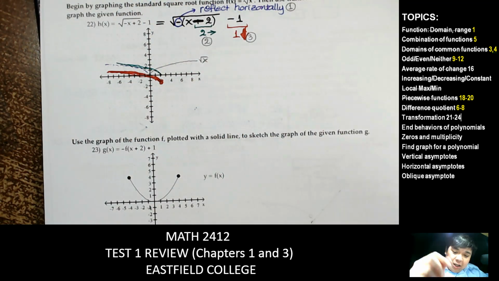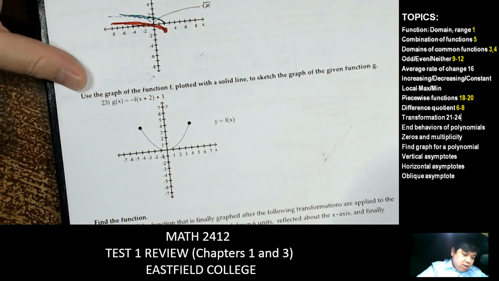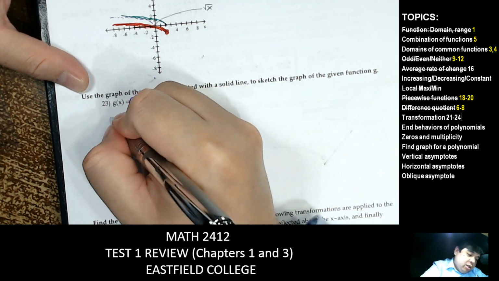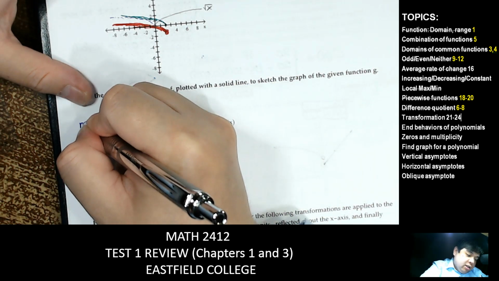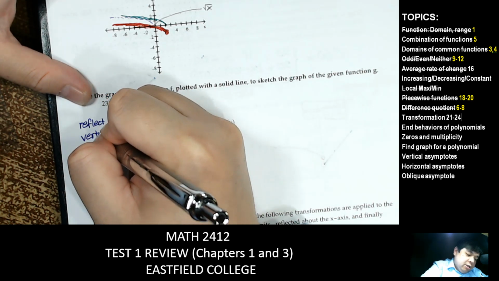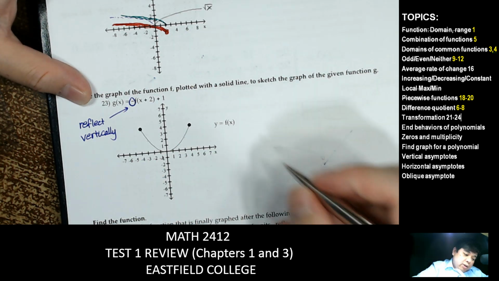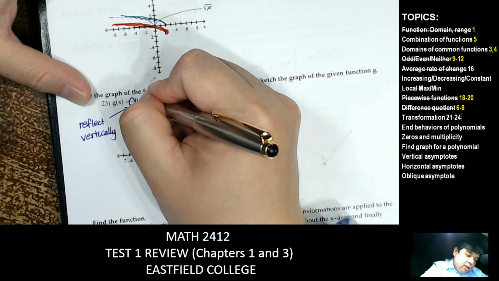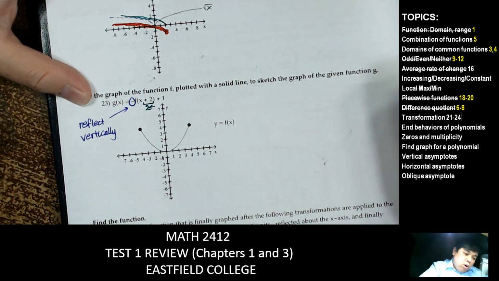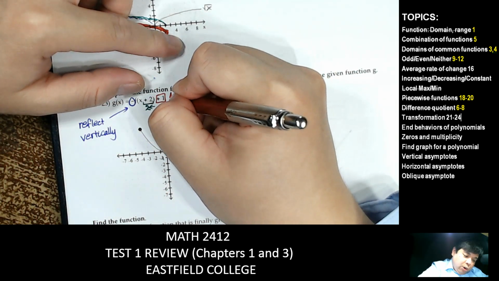Sorry. Right, next we have this. We have the minus. This negative is outside of the function, outside of the parentheses. It's going to be reflect vertically. And then we have the plus 2 inside, which will be to the left, and the plus 1 here will go 1 up.